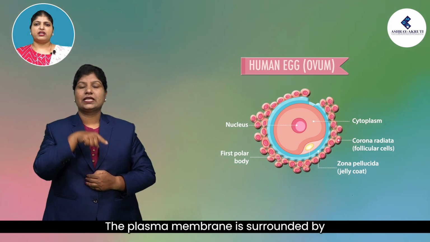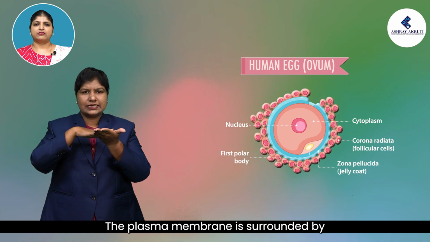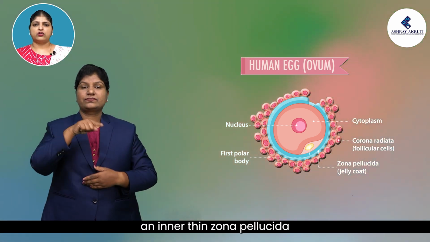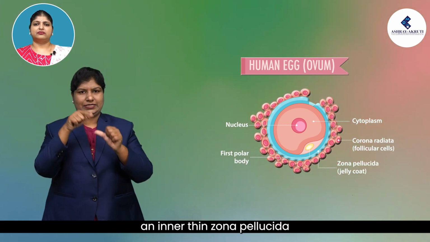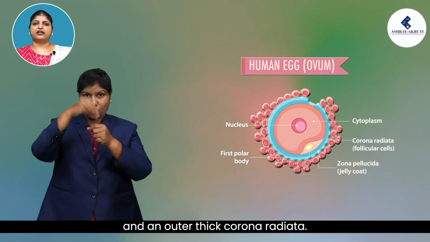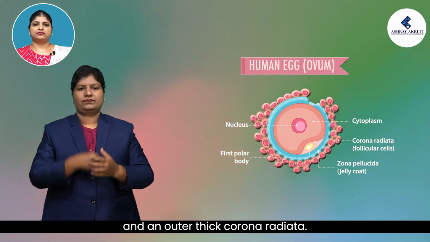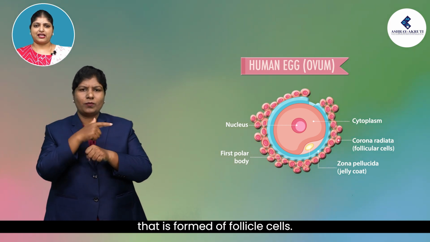The plasma membrane is surrounded by an inner thin zona pellucida and an outer thick corona radiata. The corona radiata is formed of follicle cells.